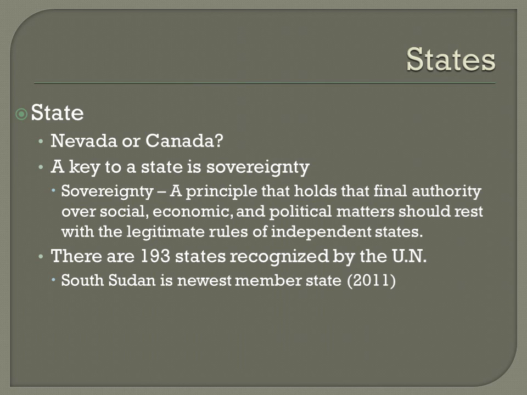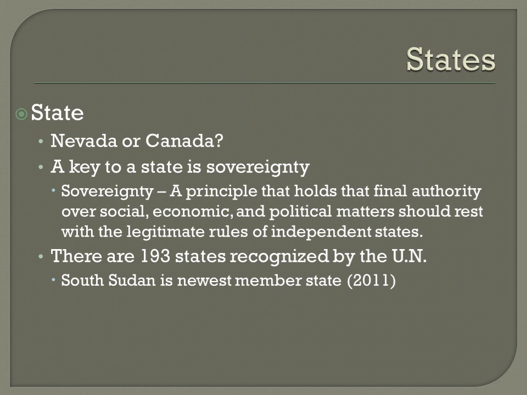There are currently 193 states that are recognized by the UN, and that's a really important organization as far as recognition by the international community. When the UN recognizes a state, that's pretty big. And that's the number that we'll use as far as the number of states in the world.